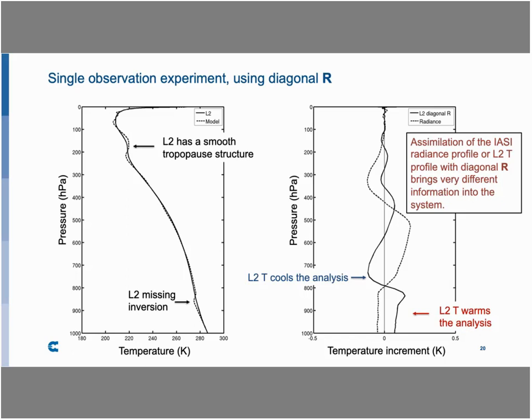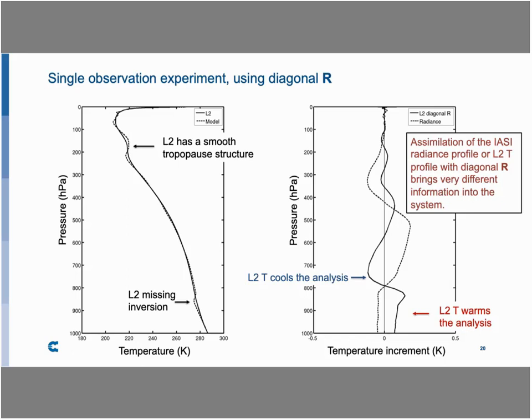Yes, so it's warming the analysis below 800 hectopascals, and then cooling the analysis above 800 and below 550 or so. And for comparison, the dashed line is showing the temperature increments resulting from assimilating the same profile in radiances, so how we are doing assimilation in operations. And yes, below 450 hectopascals or so, assimilating the radiance and the retrieval are bringing more or less opposite information into the system.